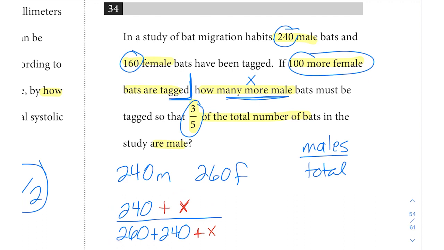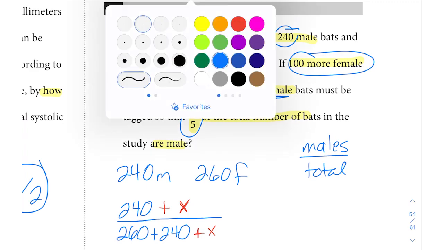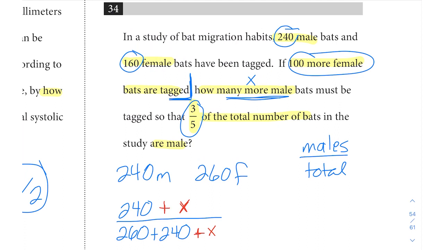If I tag 100 more males, then that's part of my numerator for the number of males, but then it's also part of my total number of bats. So that change, that addition of x number of males has to be applied to both the number of males and the total. Make sure to include it for both.